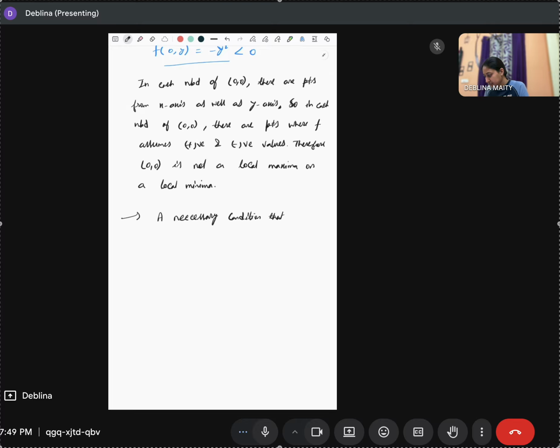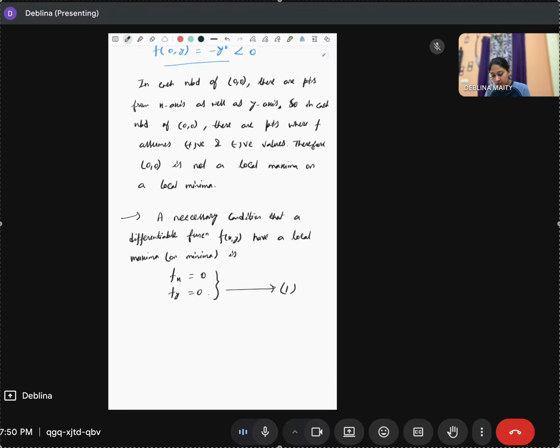We are taking a differentiable function, and a differentiable function f(x,y) has a local maxima or minima only if its partial derivatives are 0. So this is the condition, suppose 1.